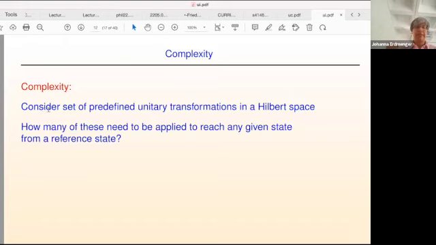So the idea is to consider a set of predefined unitary transformations in a Hilbert space. Okay, so imagine you want to build a quantum computer and you have a very, very simple and small quantum computer, which is made out of 10 spins. Okay, you have 10 spins and they can either point up or down. Okay, so this is your quantum computer.